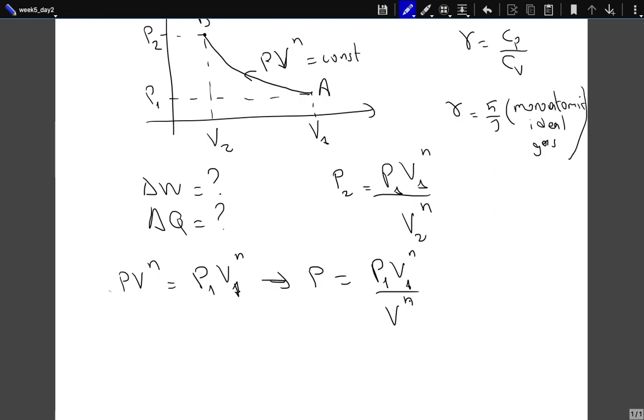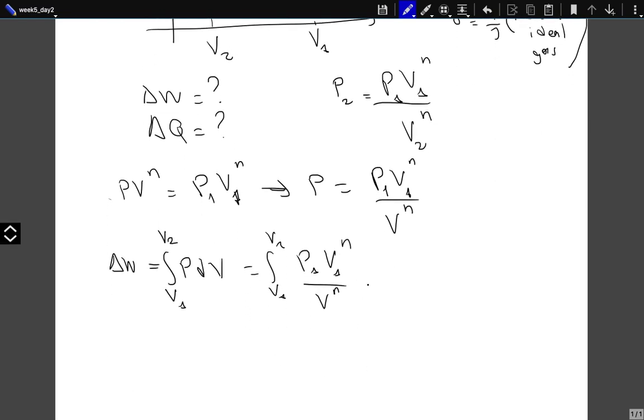We can just integrate PdV. What will I obtain if I integrate this? The work. Which is, from V1 to V2, P1 V1 to the n divided by V to the n, dV.